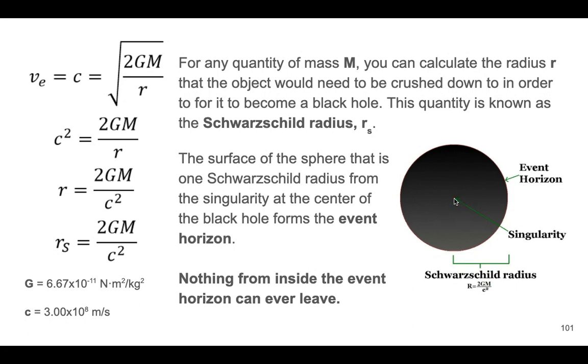And then the surface described by 1 Schwarzschild radius away from the singularity is what's called the event horizon. So outside the event horizon, you're outside the black hole. Inside the event horizon, you're going down to the singularity. So nothing from inside the event horizon can ever leave.